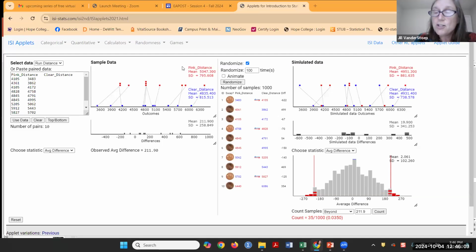If I take 2, so roughly the multiplier we would use for a 95% confidence interval, and the standard deviation of the null, which is an approximation of the variability in the statistic, because those are all simulated statistics, and I take 2 times 102, and I add and subtract it to my estimate of 211.9, I come up with an approximate 95% confidence interval.